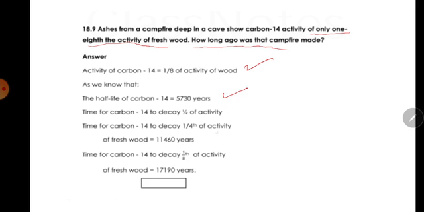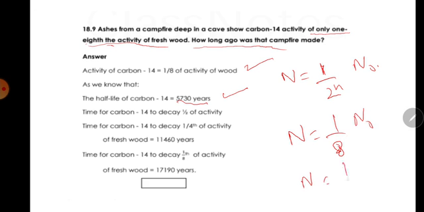And we have to calculate, so you will write the formula: N is equal to 1 divided by 2 power n, N naught, original atoms. So for campfire carbon-14, half-life we know it, 5730. This is carbon-14 half-life. So we have to calculate the amount, activity of only 1/8. So 1 divided by 8, N naught.